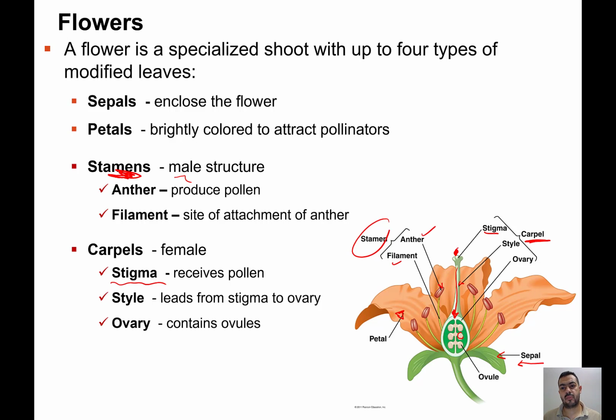Another way is by having them at different levels. As you can see here in this figure, the stamens are at a slightly lower level than the stigma, and that also helps ensure that a pollinator will not accidentally pick up the pollen and deposit it on the stigma in the same flower. So there are different ways to encourage cross-fertilization.